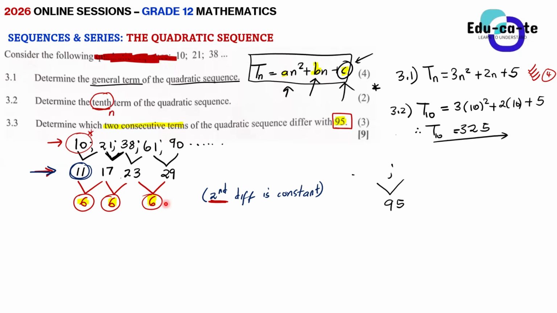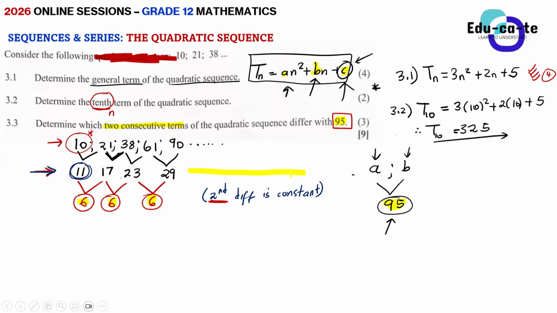And now, recognizing what Bonolo is trying to say, this 95 is the difference between two consecutive terms, A and B, which we are looking for. We're looking for these terms A and B that are following each other, and they have a difference of 95. So may I please ask, guys, is it correct if I would say that this 95 here is part of this arithmetic sequence?